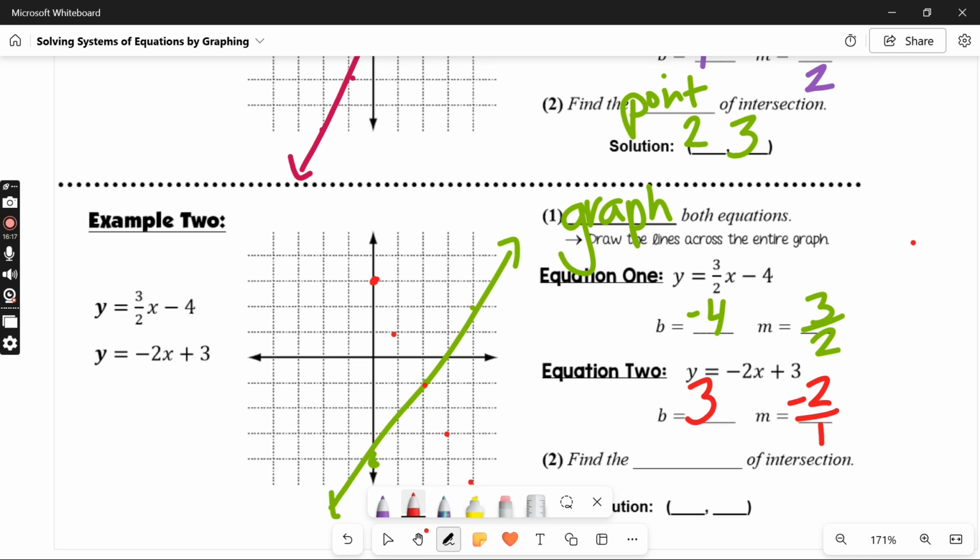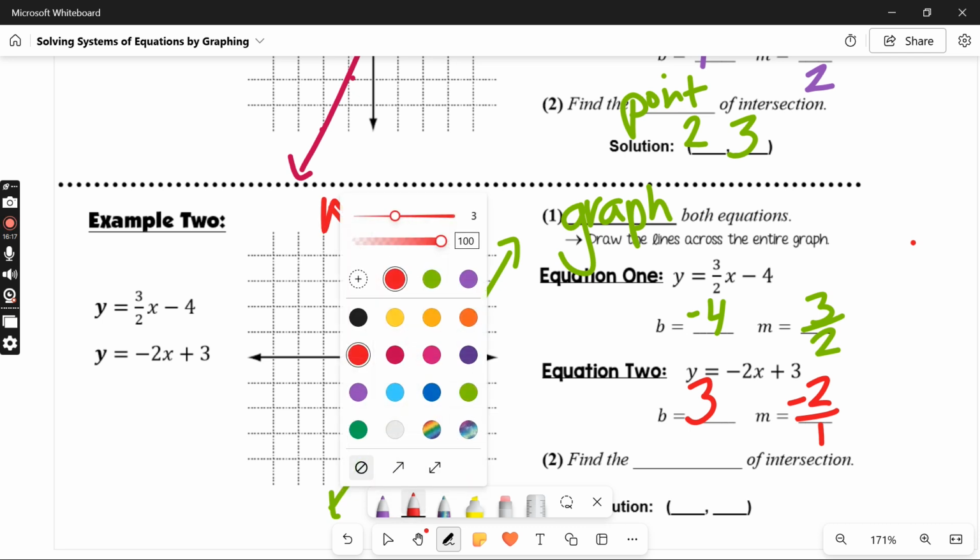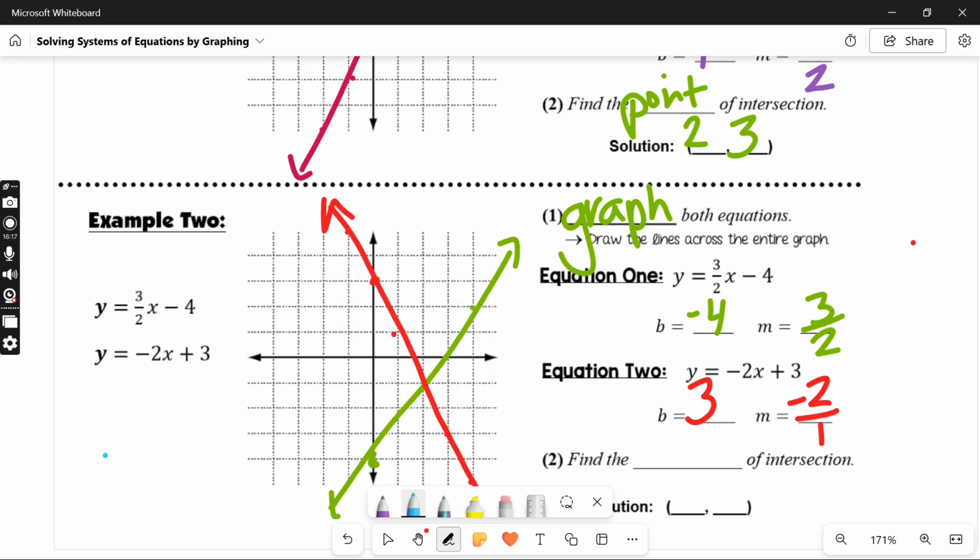It's right there. Then up 2, left 1. And then I'm drawing my line all the way through my grid. It looks like these two cross right here. I'm looking for the point of intersection, also known as the solution. From the origin, that is right 2, down 1. So this would be 2, negative 1.